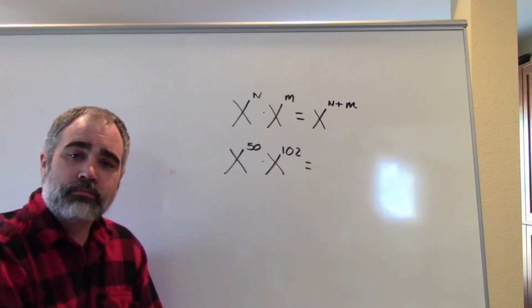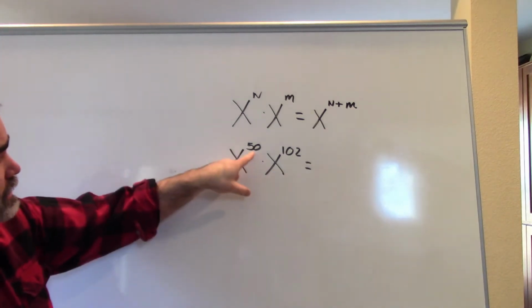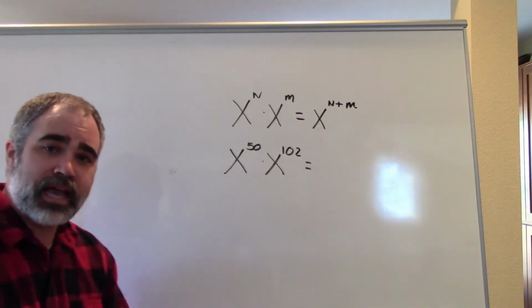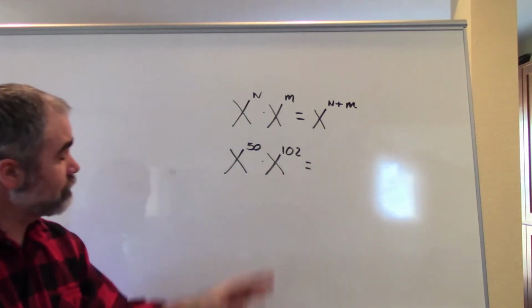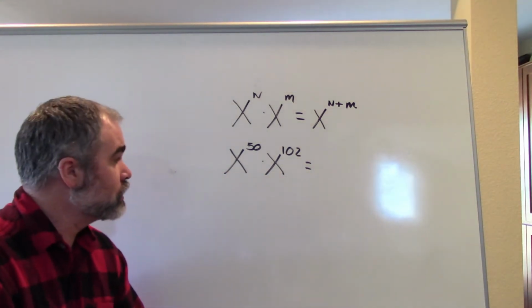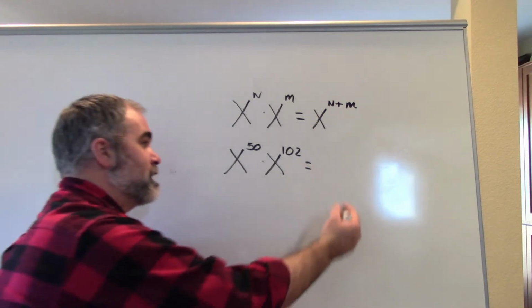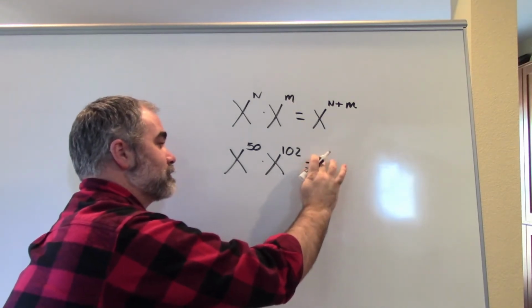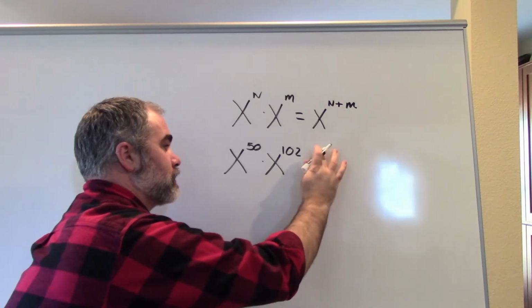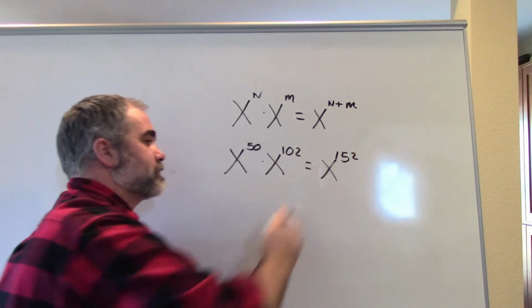That's pretty tough to do, but in this problem, we can use that shortcut because remember, what this means is that there's 50 x's, 50 of them together, multiplied by 102 more. So what that actually means is I've got 152 x's. It's 152. So x to the 152 power.